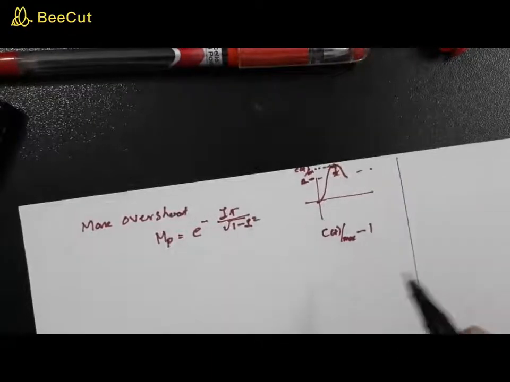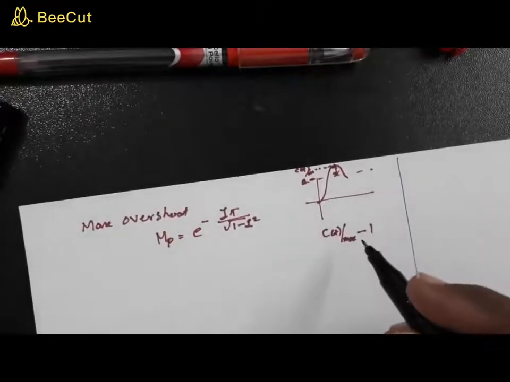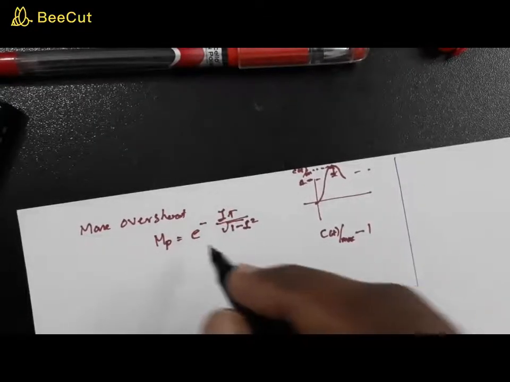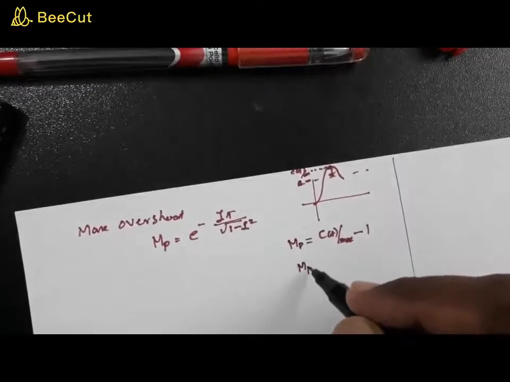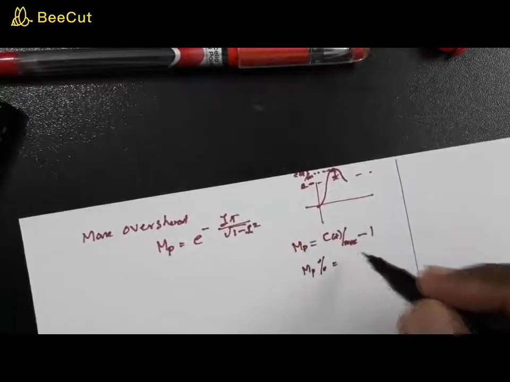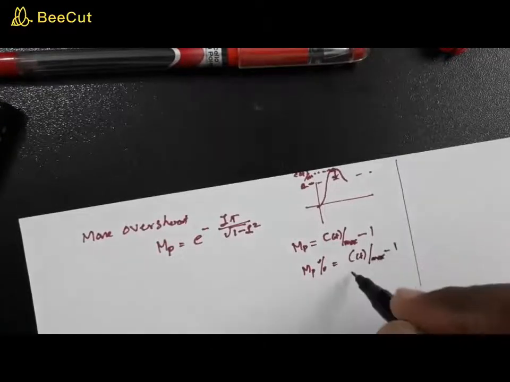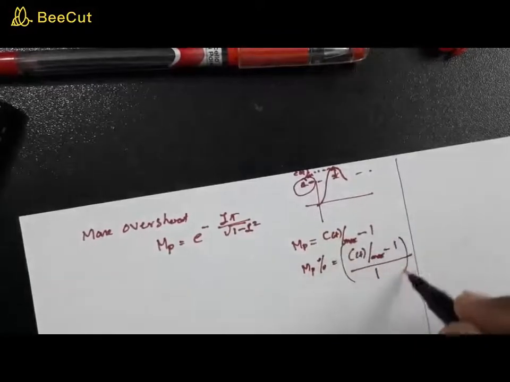Okay, now how to find out the percentage? I think I have told the rest. This is Mp. Now this Mp can be expressed in percentage as C(t max) minus 1, the deviation from the actual value which is 1, into 100.